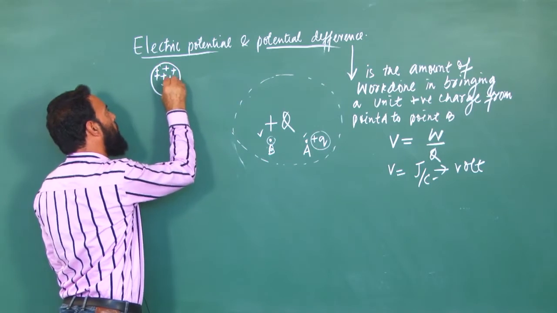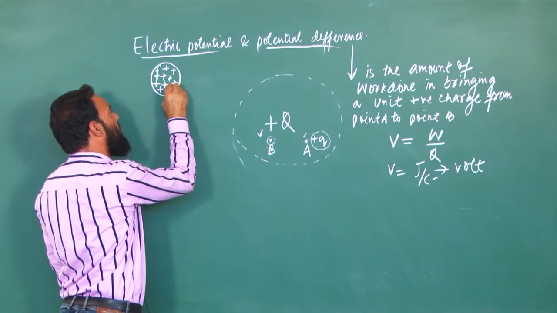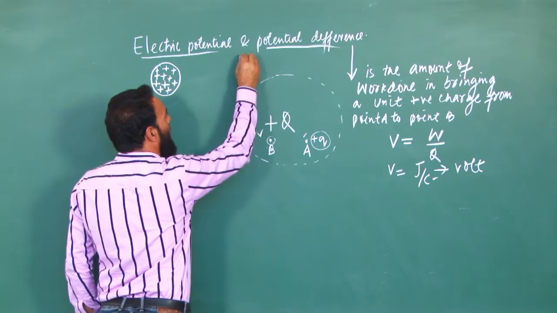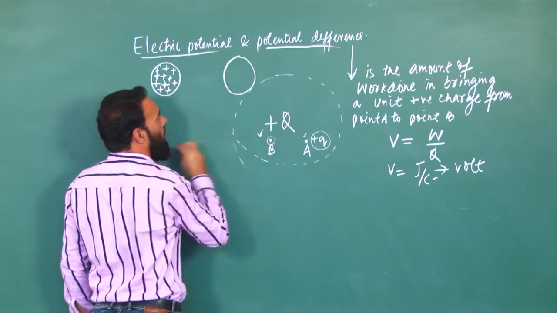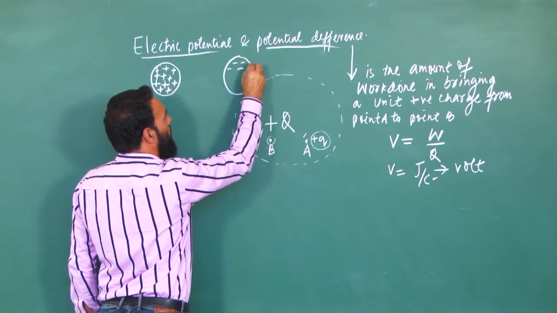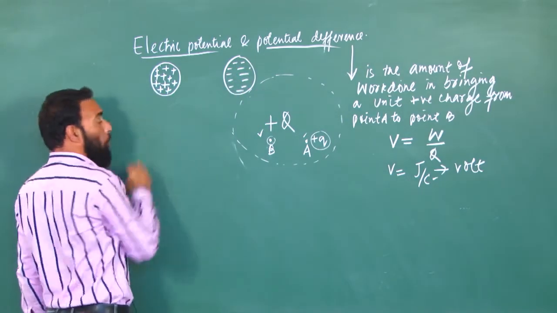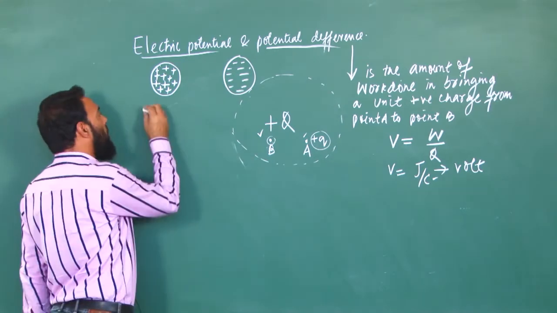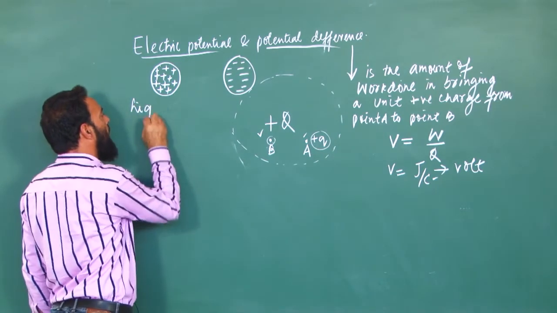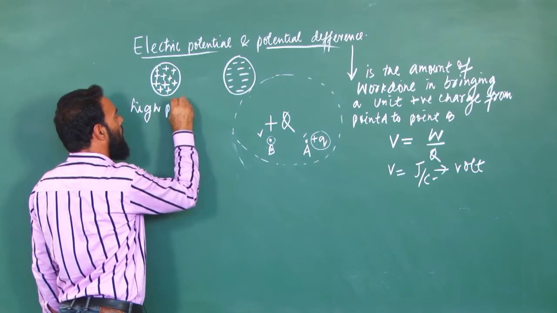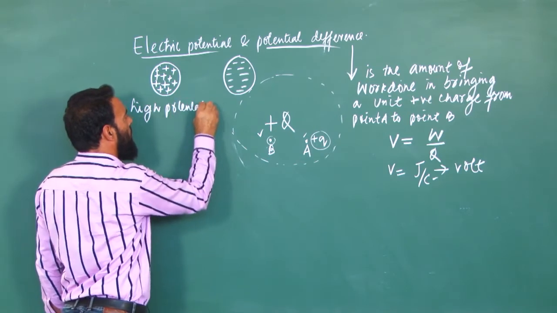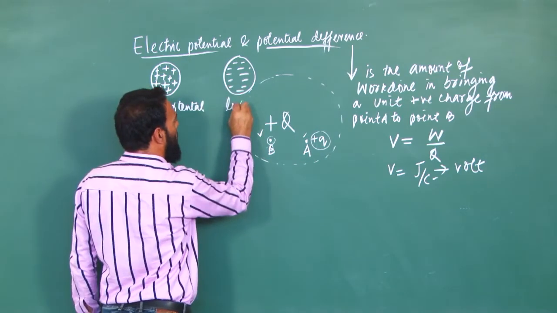In physics, positive charge is always considered as high potential, and there is a second sphere which is of negative charges. So the positive charge end of the conductor is always taken as high potential, and this is low potential.